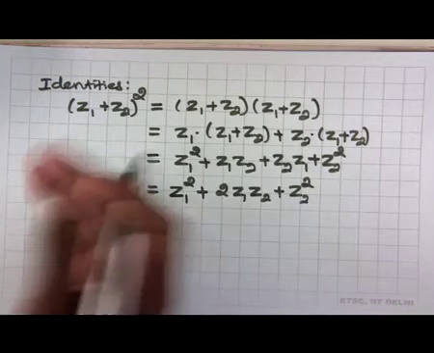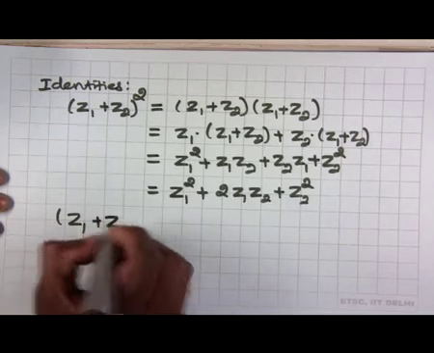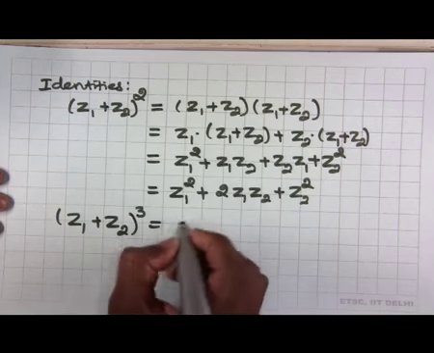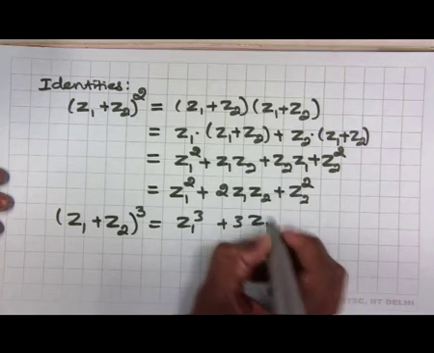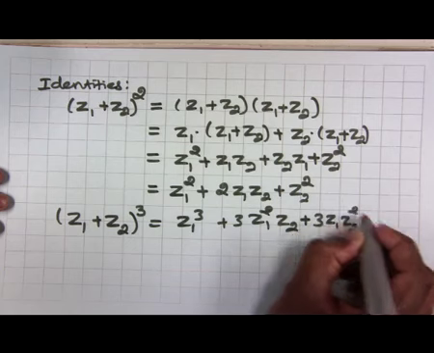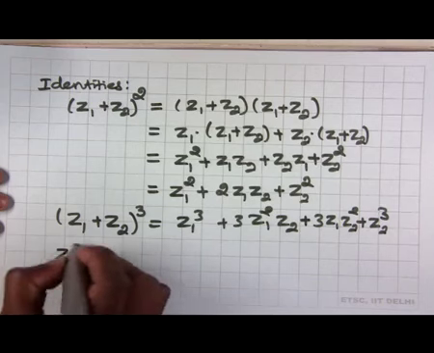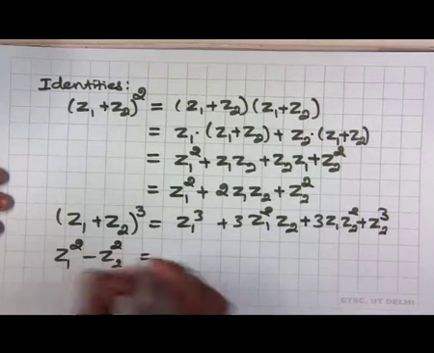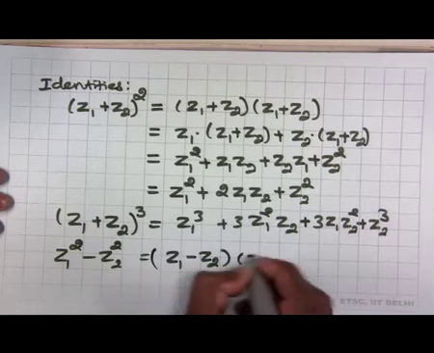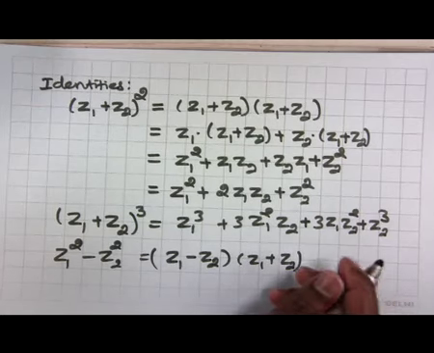And so, once you see this result, then you can prove the other identities like (z1 plus z2) the whole cube gives z1 cube plus 3 times z1 square product with z2, plus 3 times z1 z2 square plus z2 cube, and z1 square minus z2 square can be written as (z1 minus z2) times (z1 plus z2).